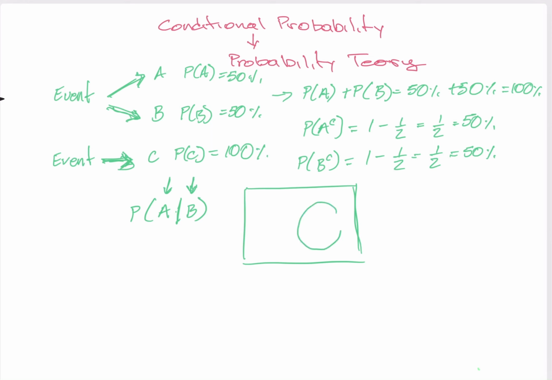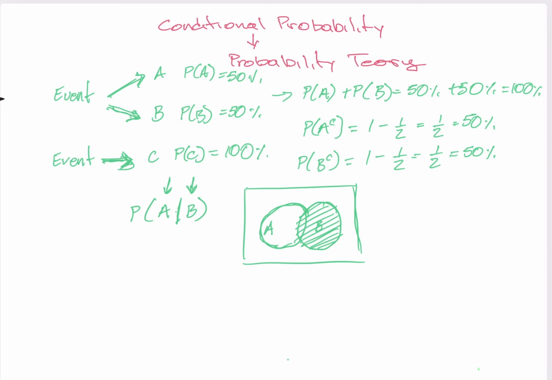So this is B, and let's say this is A. The probability of B is this part, and this has to happen first. If B happens, what's the probability that A will happen?